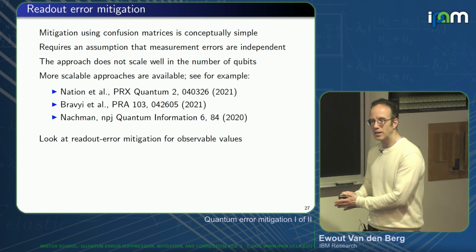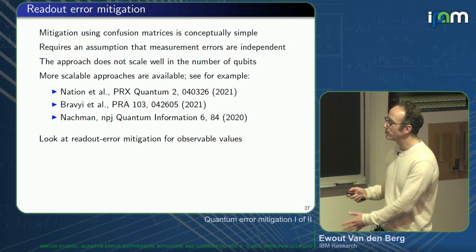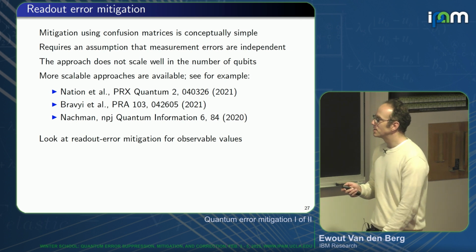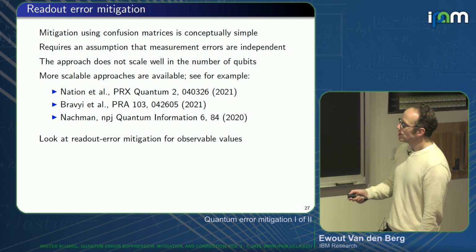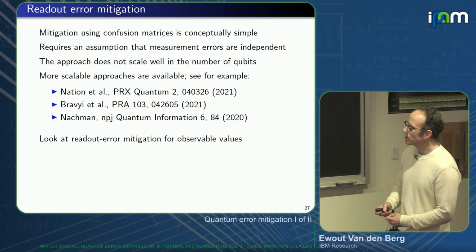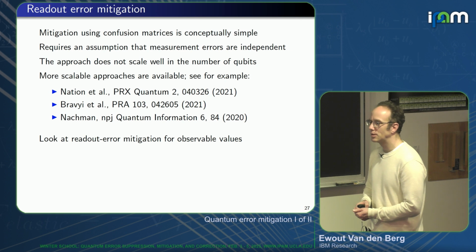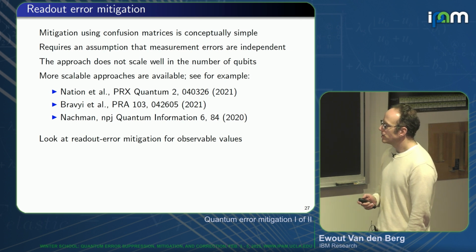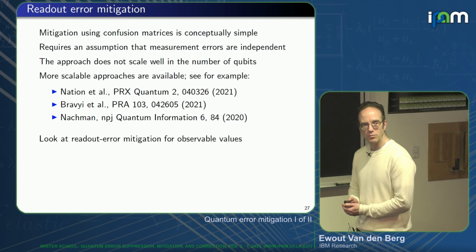Because the vector of measurements is 2 to the power n, that's a long vector, and then you need to maybe do some optimization problem. That doesn't scale well. There are some more scalable approaches here. So I just point to the references here without going into detail of those. But let's look at one readout error mitigation method for observable values.